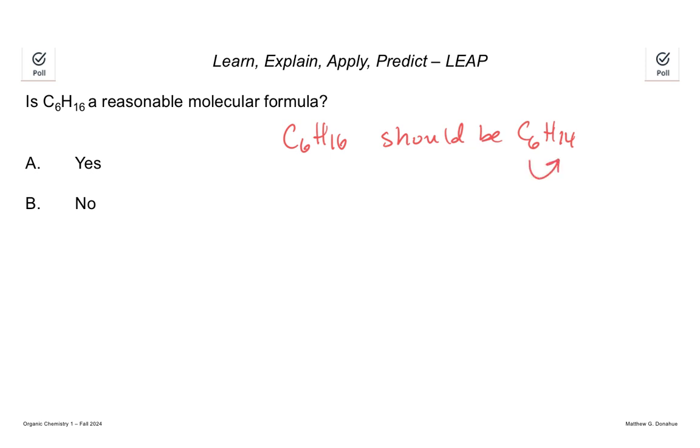Again, for N equals 6, the maximum number of hydrogens is 14. So that's why you want to use CnH2n plus 2. What's the maximum? This is another self-check, saying that molecular formula cannot exist.